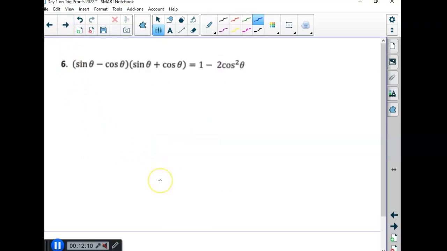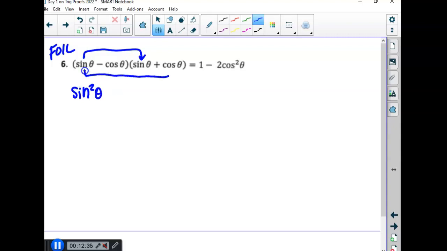All right, what do you want to try here? This one's trickier, but there are some like this on the quiz. The suggestion was that we double distribute or FOIL this side together. So sine times sine, anybody? Sine squared of theta.